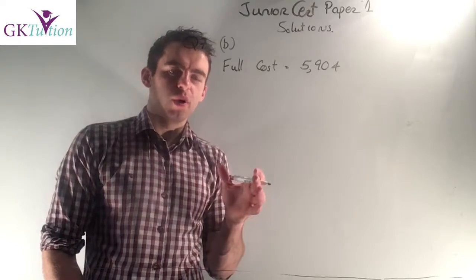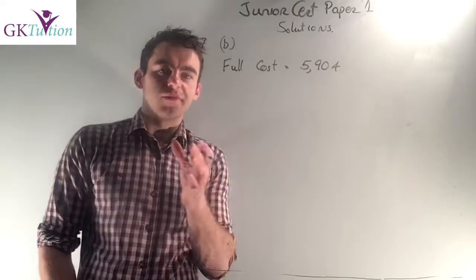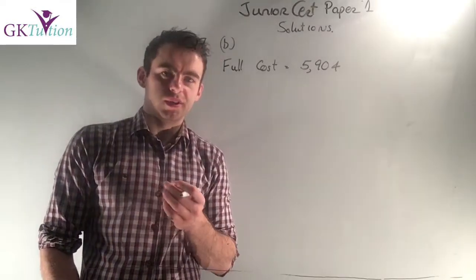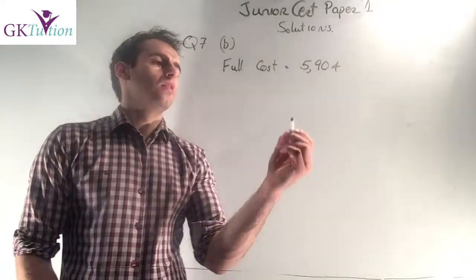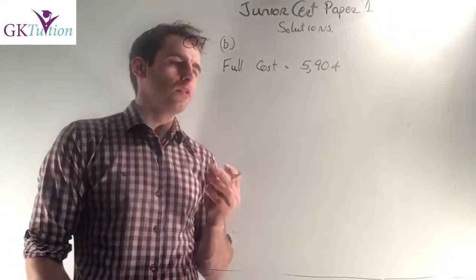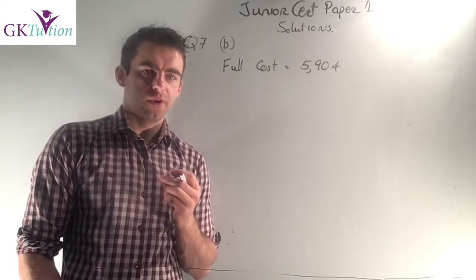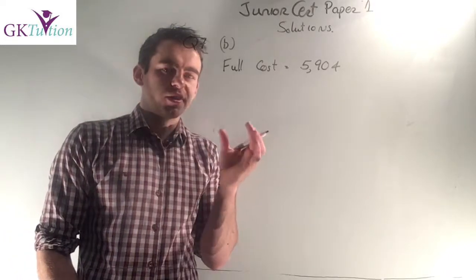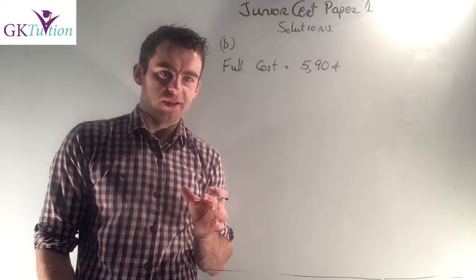We need to work out what the value of the computer will be in 2 years. It started off, the full cost was €5,904. In the first year, it's going to lose 25% of its value.